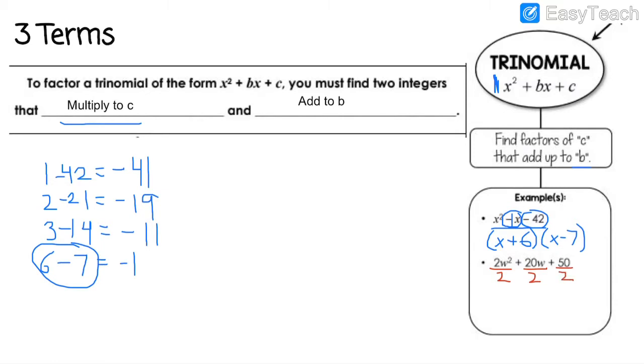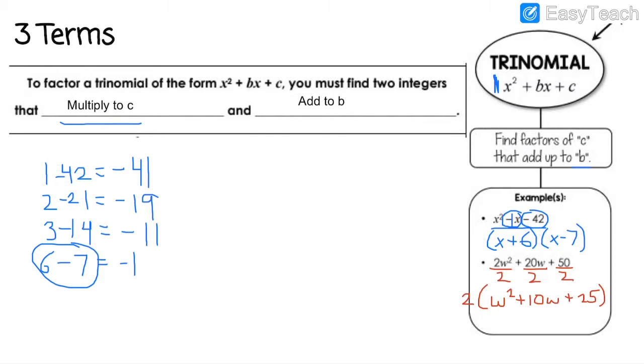And we won't divide by a variable here because each term doesn't have a variable. They don't all have a w in it. So when I divide by 2, I'm left with w squared plus 10w plus 25. And we put all of that in parentheses with our greatest common factor on the outside.